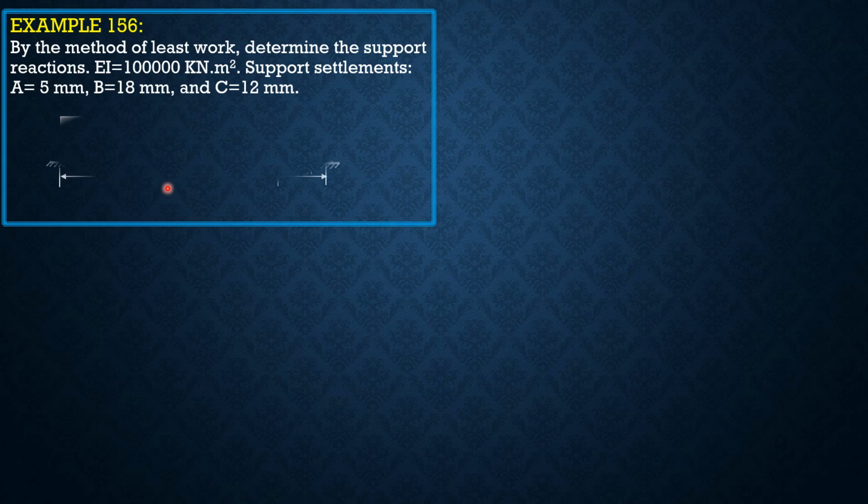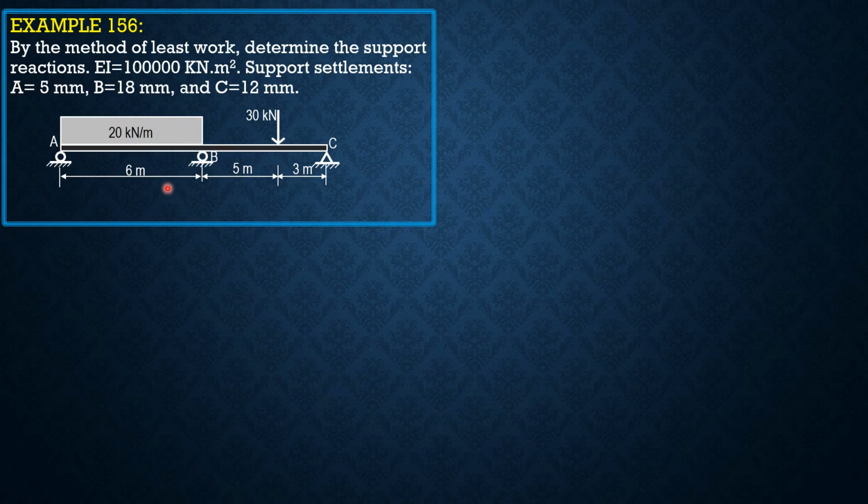So here is the structure, and we will compute the net displacement at B. So 5 at A, 12 at C. By similar triangles first, let's call this HB. HB is just a portion of this triangle.